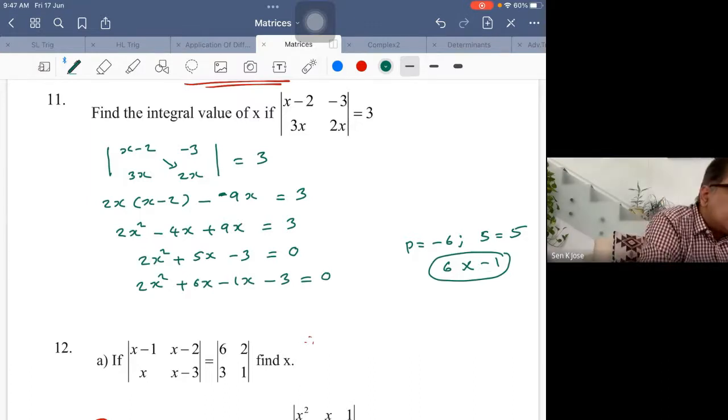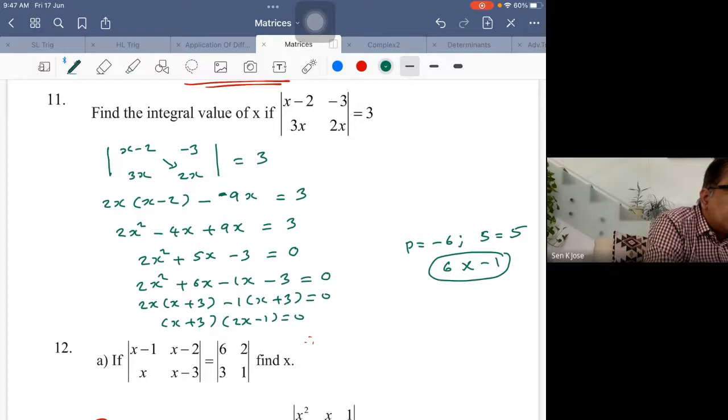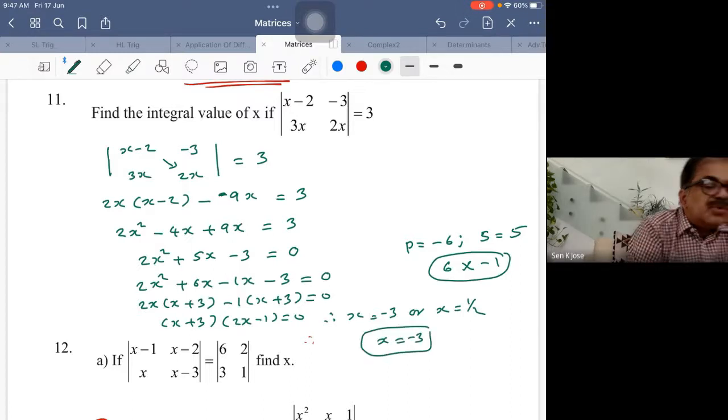Then you have 2x common factor, so 2x into (x plus 3) minus 1 into (x plus 3) is equal to 0. You have (x plus 3) common, into (2x minus 1) is equal to 0. Therefore, x is equal to minus 3 or x is equal to 1 by 2. But they want only an integral value, so x is equal to minus 3. We don't want the fractional answer there.